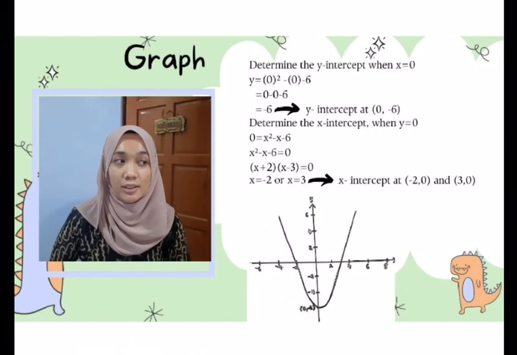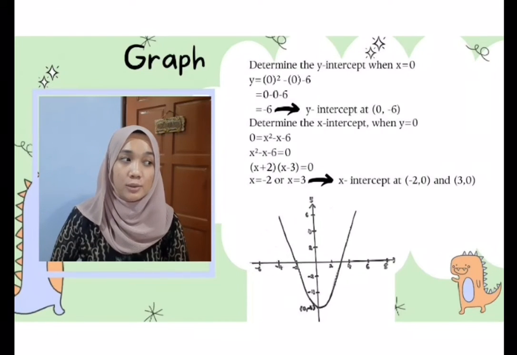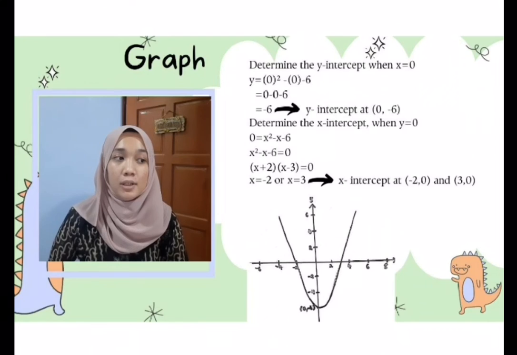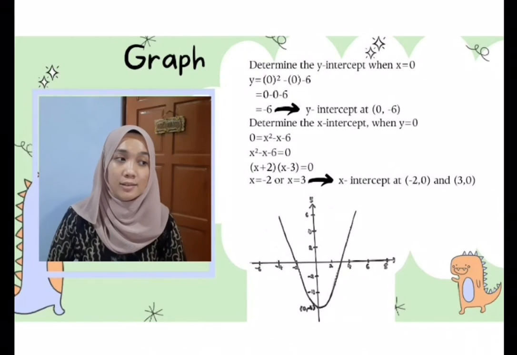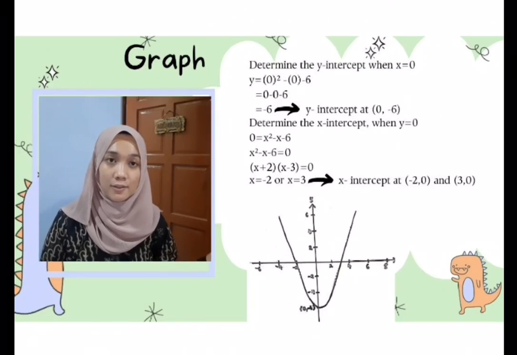Just substitute y equals 0 and we will get 2 points of x, which are negative 2 and 3. So the x-intercepts are negative 2, 0 and 3, 0. So from the data that we get, we can plot the graph and just do it like I do in the slide.